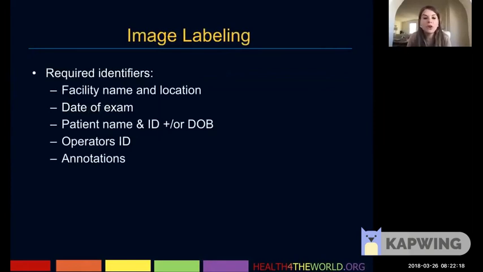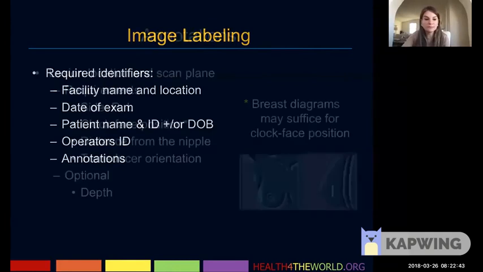So on your ultrasound images, on the machine and on the images themselves, you want to label where the ultrasound was performed, the date of the ultrasound exam, the patient name and their ID and or their date of birth, the operator's ID. So in our group, we always put the initials of whoever the doctor is doing the ultrasound, as well as the annotations for your lesions.